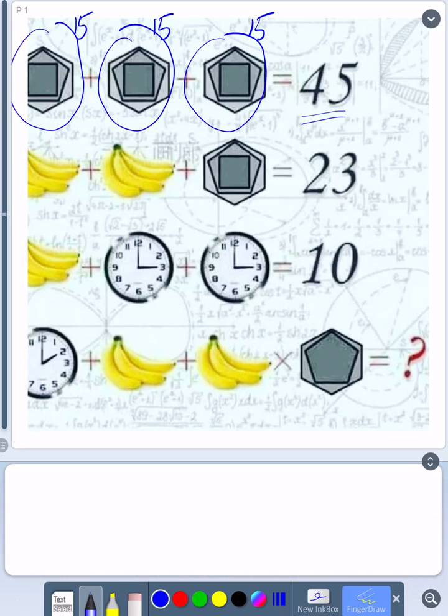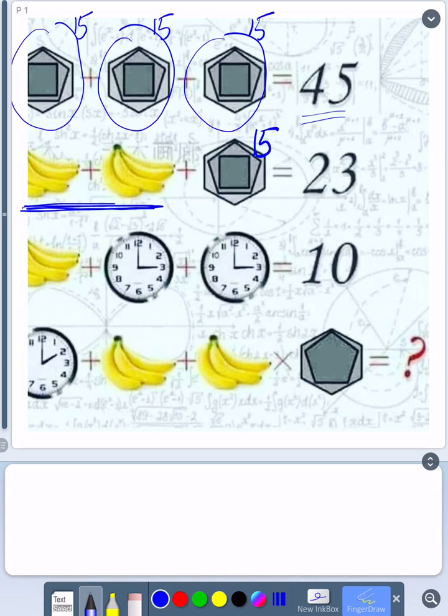So what we'll do, we'll bring forward to the next line. In this next equation, we know that this is also 15. So 23 minus 15 will give you the values of these two bananas.